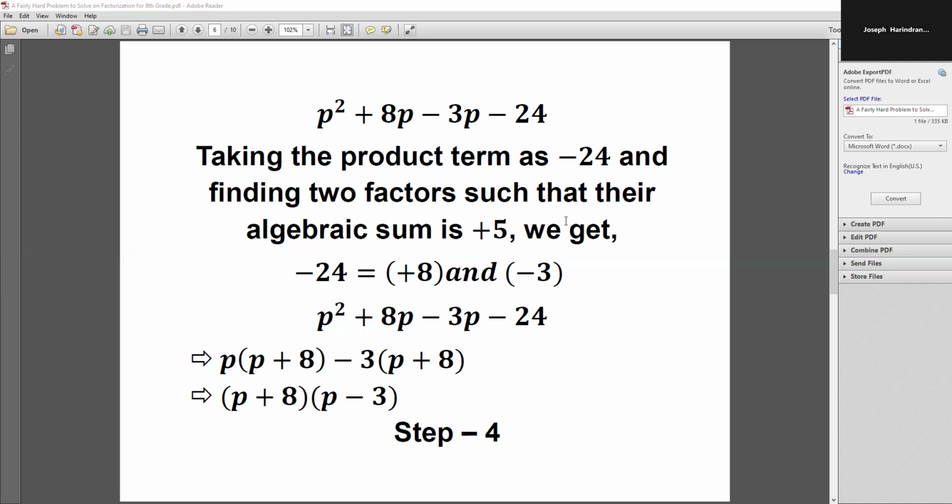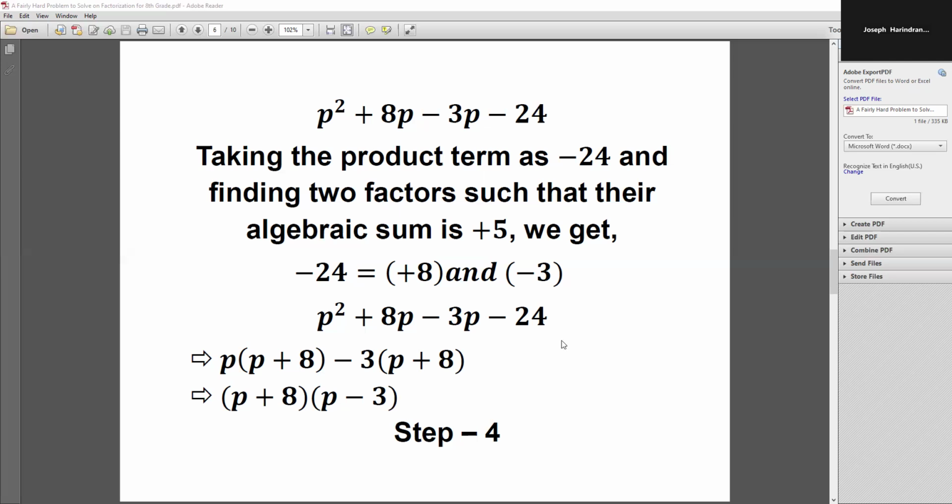It is plus 8 because the greater number should have a plus sign so that it is plus 5p. And a minus 3 there. So we split the middle term as p squared plus 8p minus 3p minus 24.